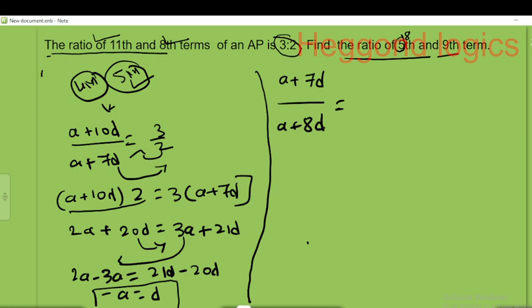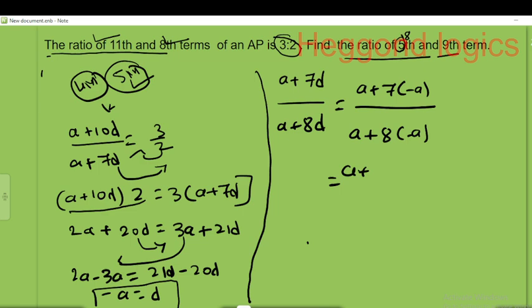Now we are getting the d value. d is equal to minus a, and a plus 7 into minus a divided by a plus 8 into minus a.